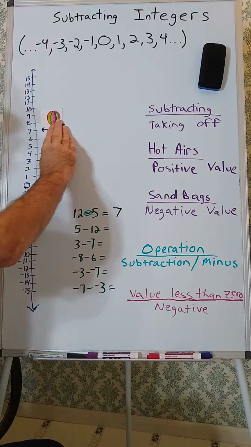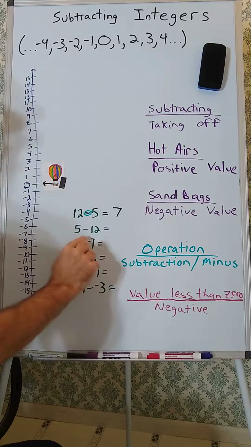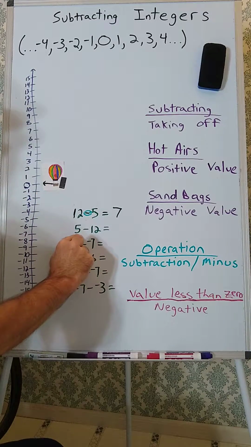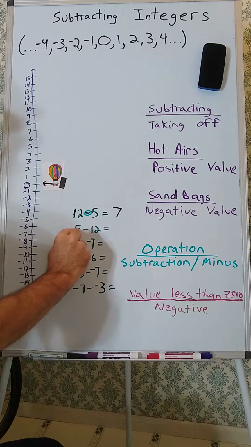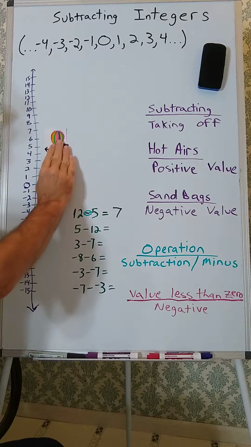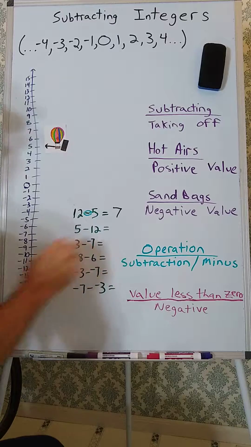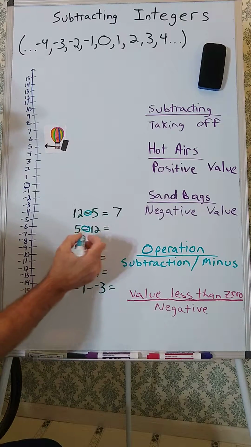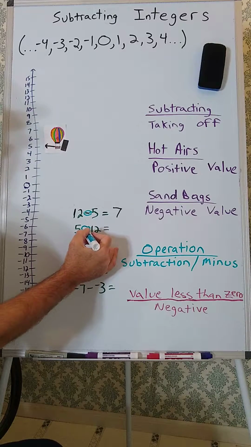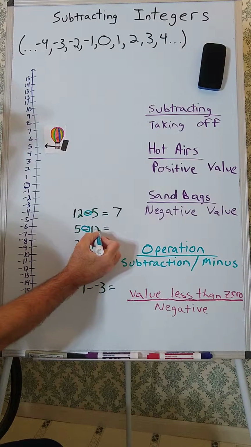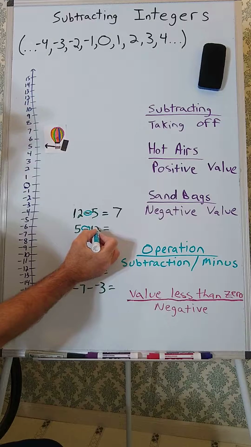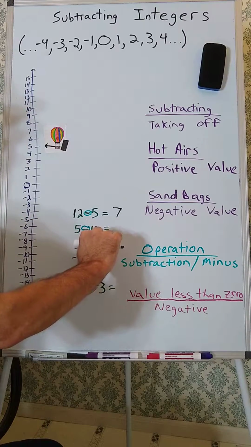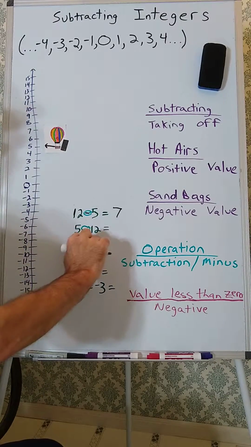All right, let's look at 5 minus 12. This 5 represents 5 hot airs, so the balloon will start at 5, and we are subtracting. We're taking off. What's the number after the operation? It's 12. It has no negative sign, so it's a positive 12. We're taking off 12 hot airs.